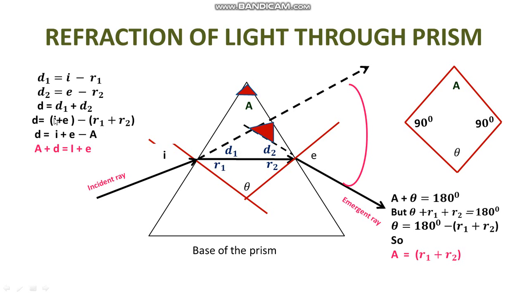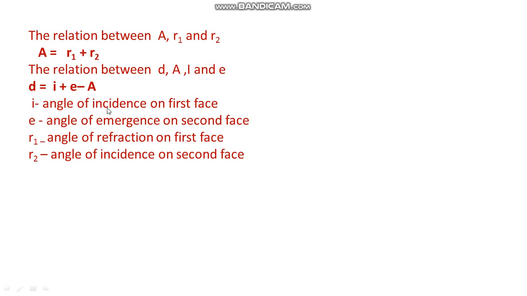So total deviation D is equal to d1 plus d2. d1 is i minus r1, d2 is e minus r2. So this is deviation on the first surface, deviation on the second surface. Add these two, simplify, and we get D is equal to i plus e minus A, or A plus D is equal to i plus e. So the two relations you learned there are A is equal to r1 plus r2 and D is equal to i plus e minus A.